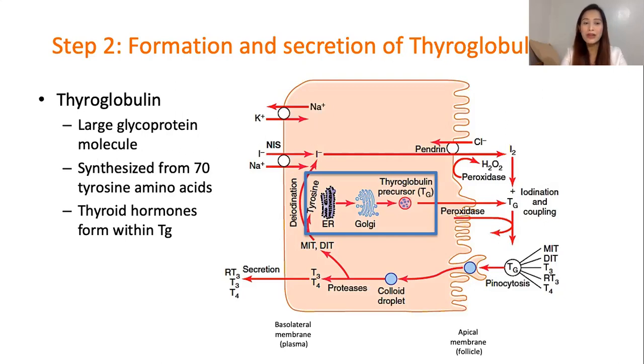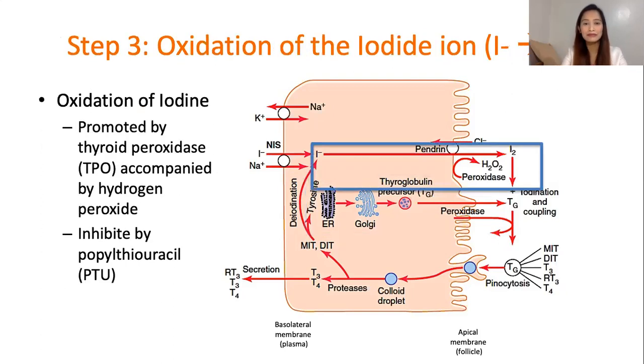Your thyroid hormones form within the thyroglobulin, because that's where your tyrosine amino acid precursors are located. So these two can occur at the same time.